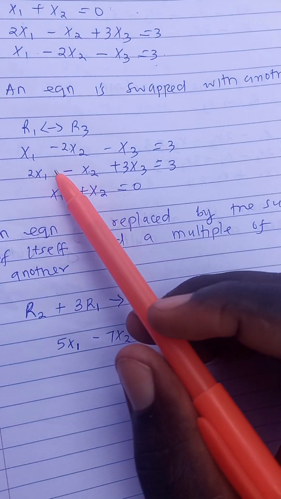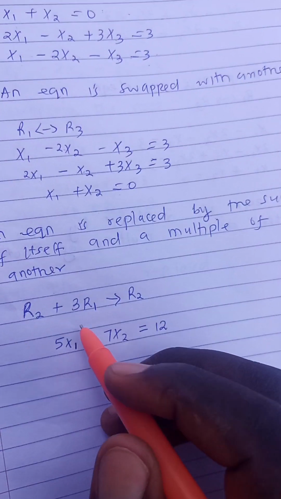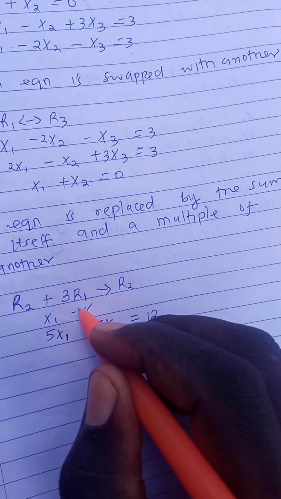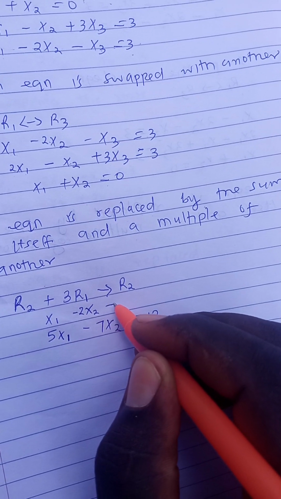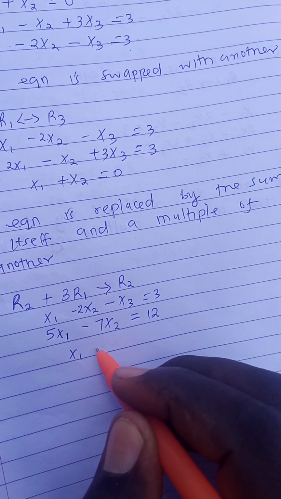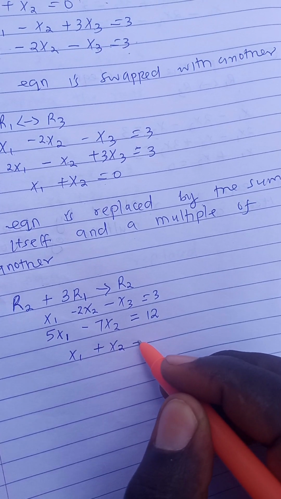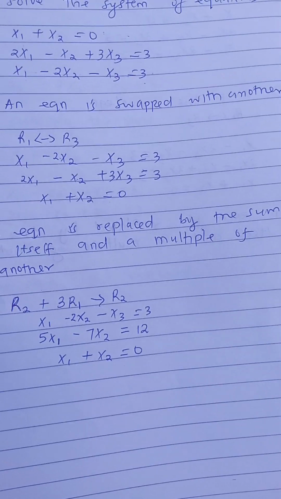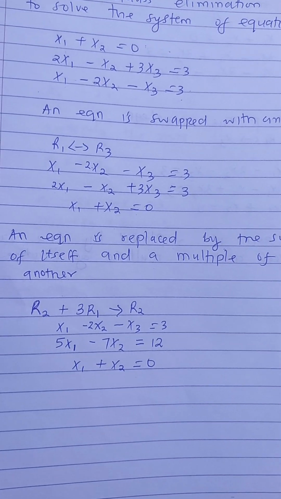So I have only replaced the second row, as you can see. So the first and the third row remain, that is x1 minus 2x2 minus x3 is equals to 3. I have x1 plus x2 is equals to 0.